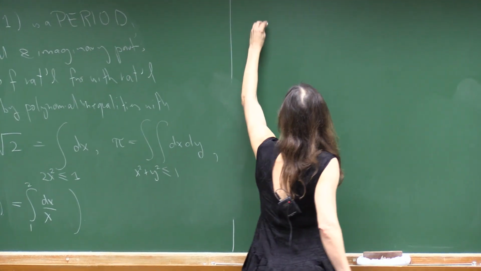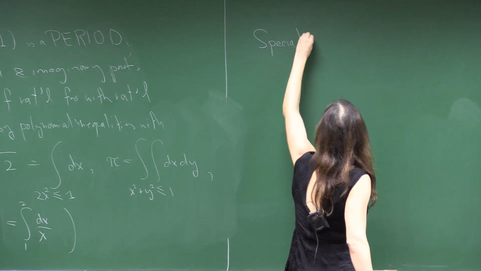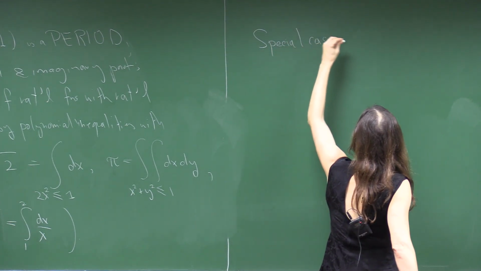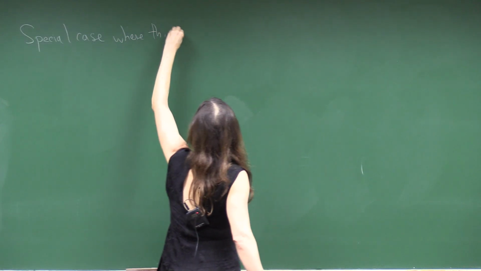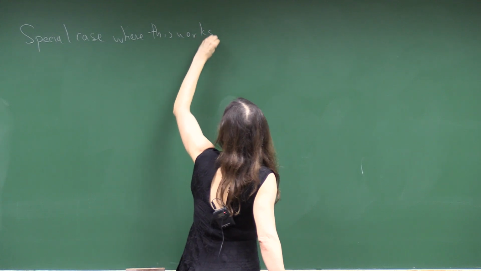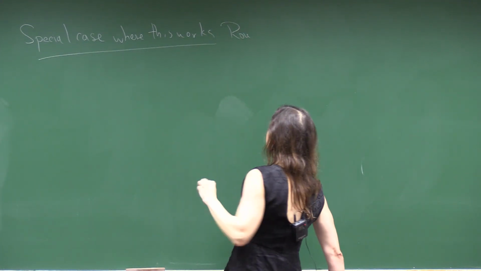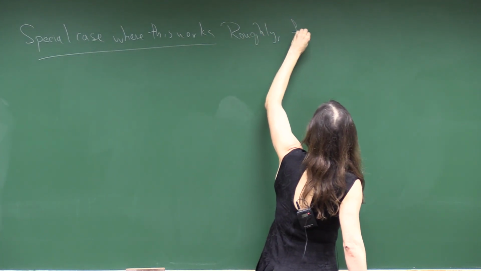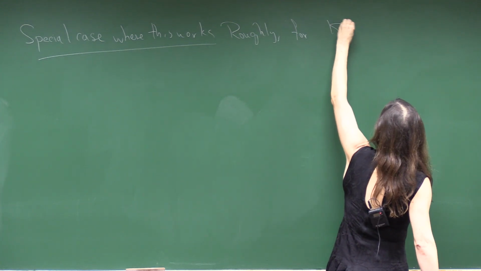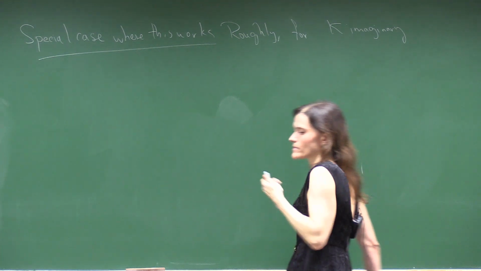So we have a special case where this works. Roughly, I'm simplifying a little bit, for K an imaginary quadratic field, you can descend down to Q, but it becomes a little bit sophisticated.